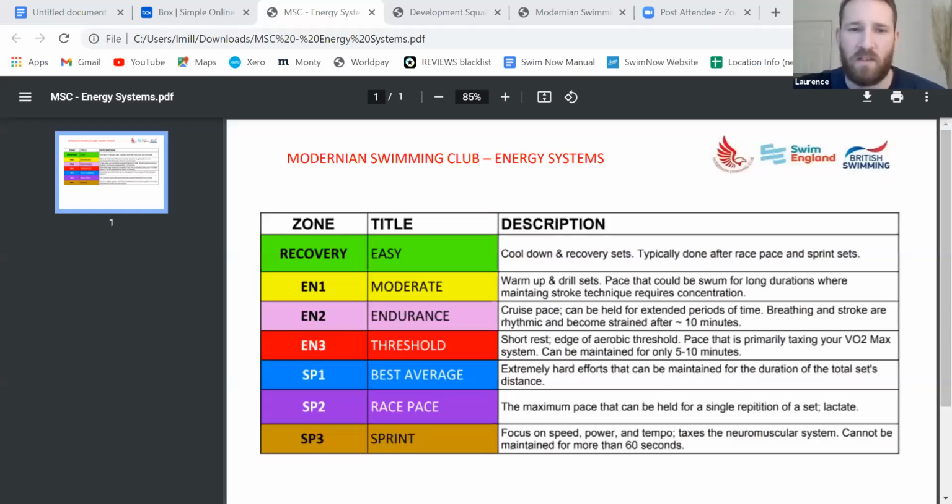More so I can say to them, today we're working on green, or today we're working on yellow, and I'll show that now. This is basically the information that's laminated and put on our boards. It's really basic, but it gives them an idea. When I'm reading the set out, I can point to it and say today's session is the endurance A2 or EN2. We're trying to make that information visible as early as possible.